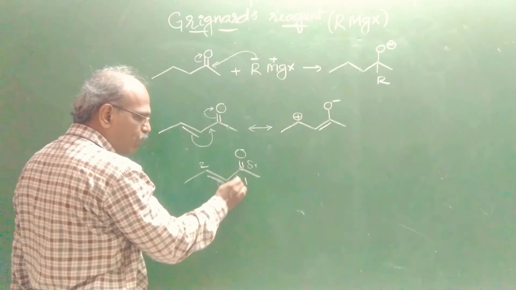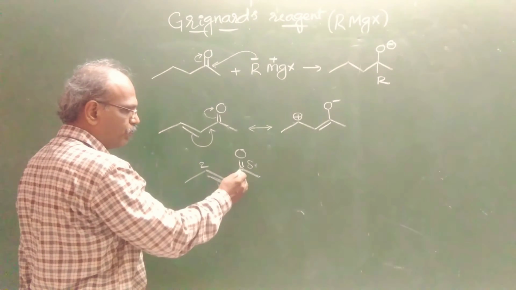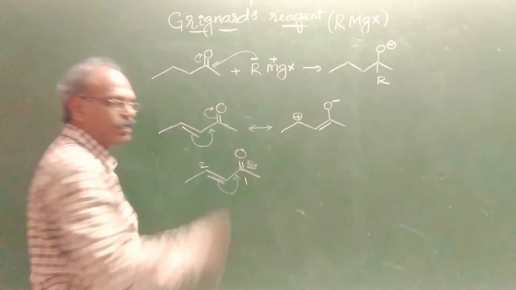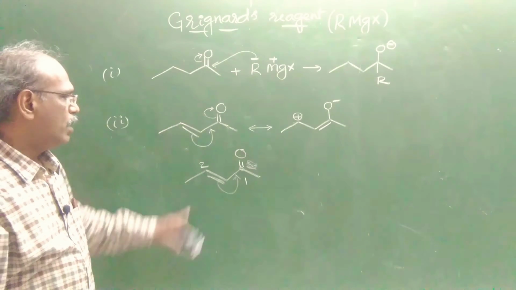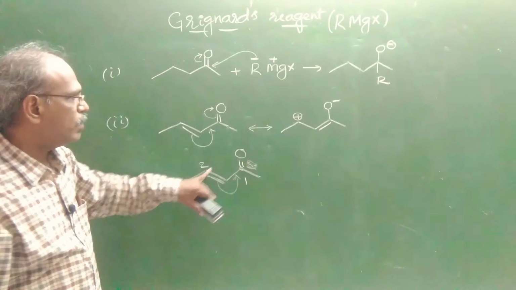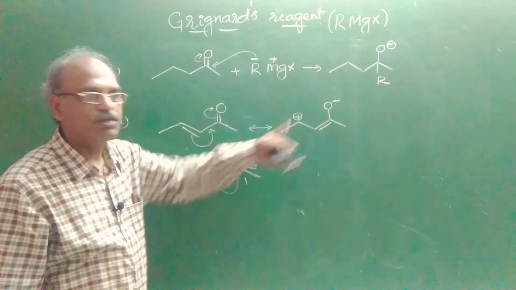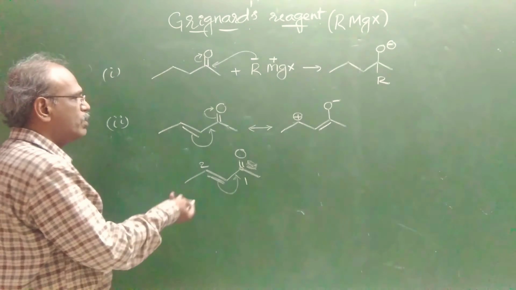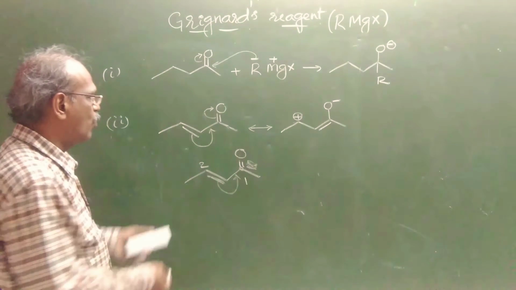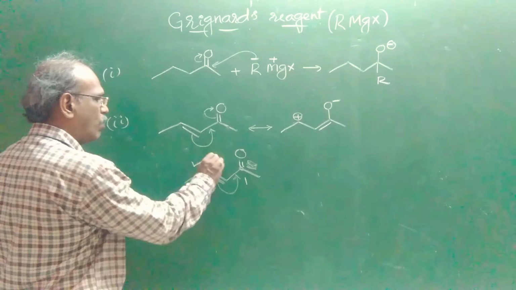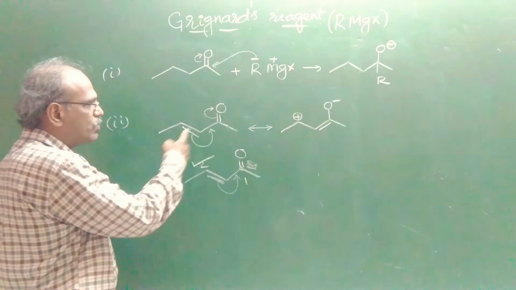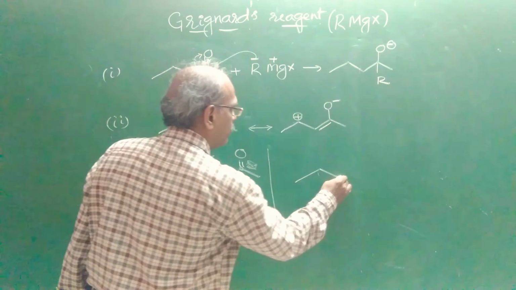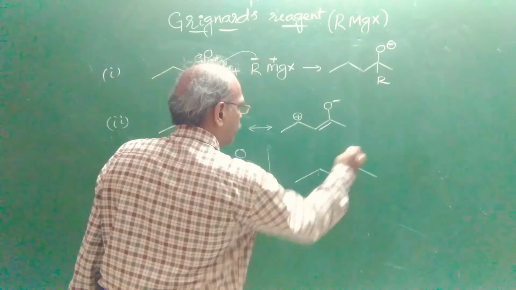But because of this delocalization, the magnitude of this charge decreases. At the same time, here more positive charge is developed. So which is the more reactive center towards a nucleophile? Clearly this one. So in this conjugated system, the nucleophile attacks on that carbon.